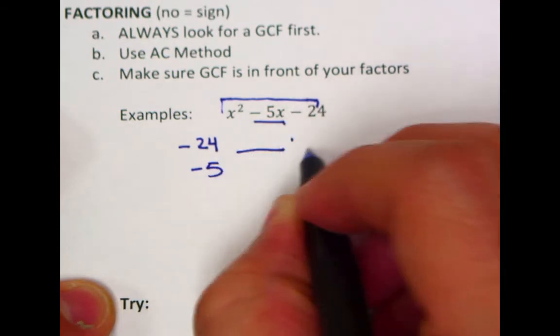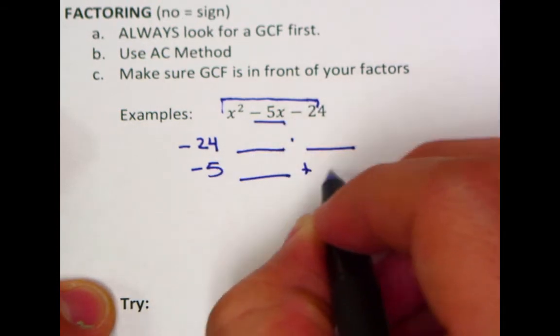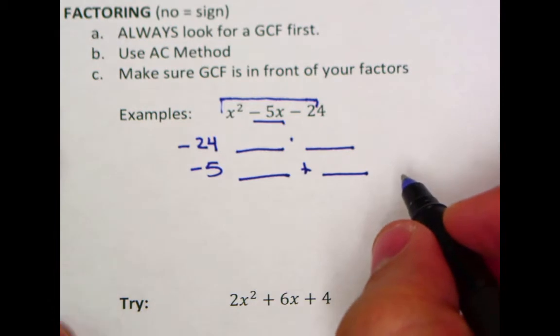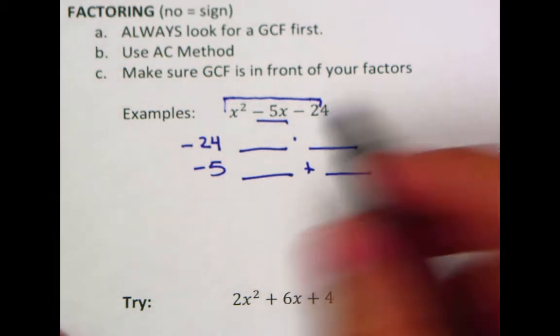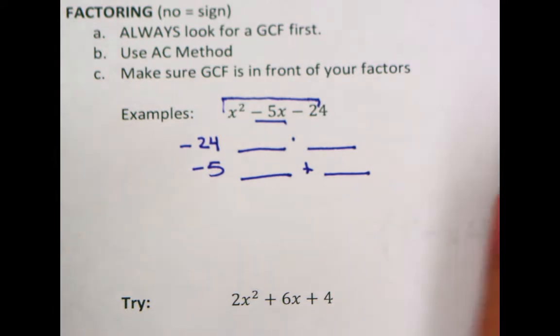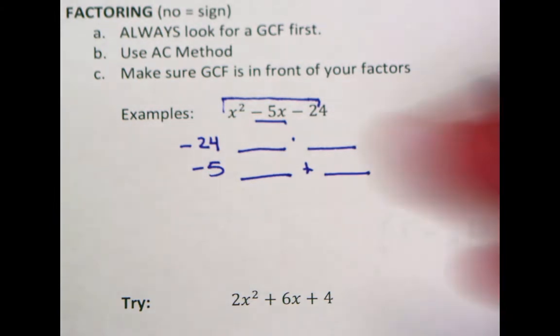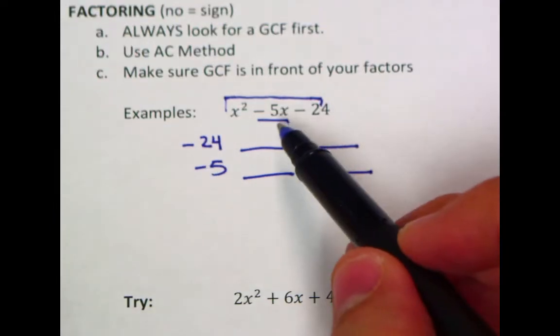You had to find two numbers that multiply to be negative 24 and add to be negative 5. Now you can mess around with numbers. There's 1 times 24, 2 times 12, but you probably would settle on 8 times 3. 8 times 3 is 24, and I can somehow make that work to be negative 5.